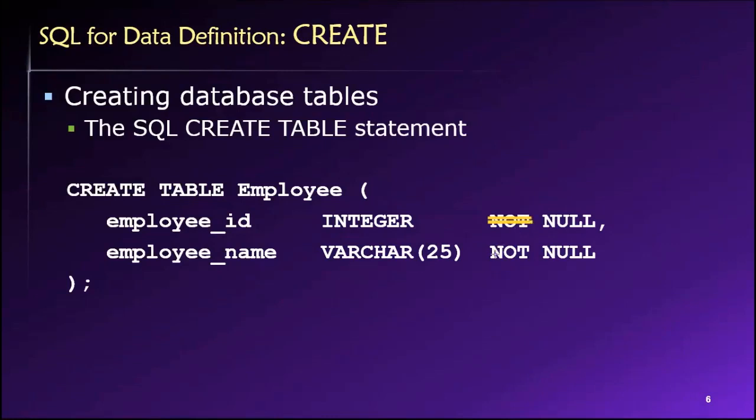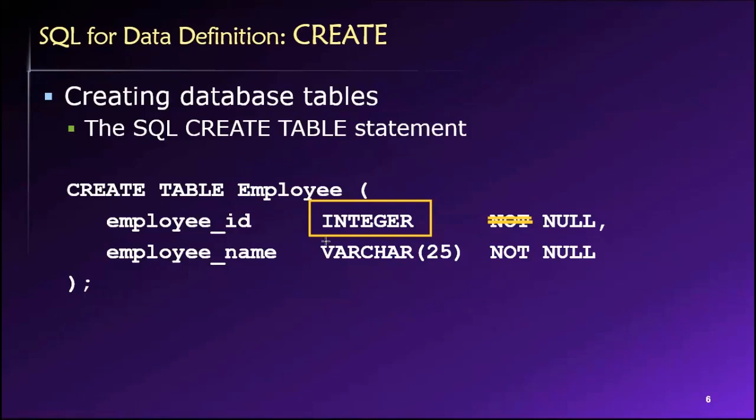So this would say that null values are allowed for our employee IDs, and that our employee IDs will be integers. So we now know what that means in terms of the range of acceptable values that can be stored there.